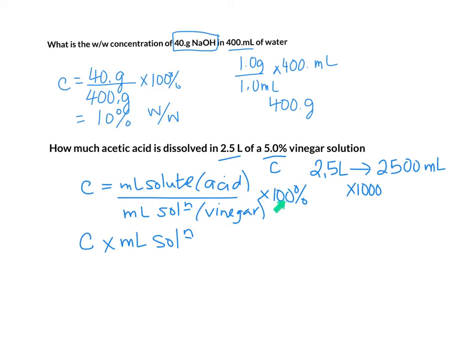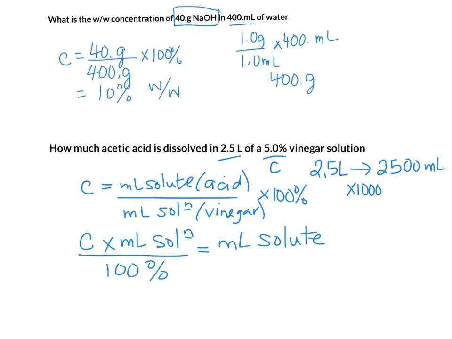So 100% is multiplied on this side, we move it to the other side, it's going to have to be divided. And this will solve for milliliters of solute.